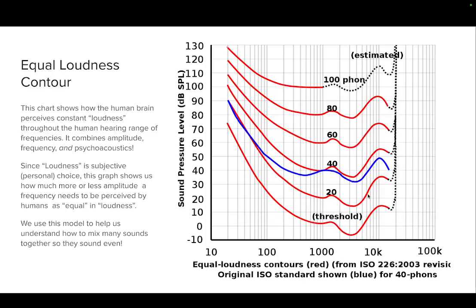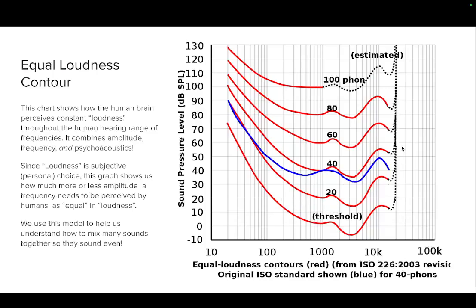Notice that this range is right around where the human voice is, and most of our orchestral instruments that are melodic. This range cuts through or is picked up by the brain a lot easier than extreme low or extreme high frequencies.